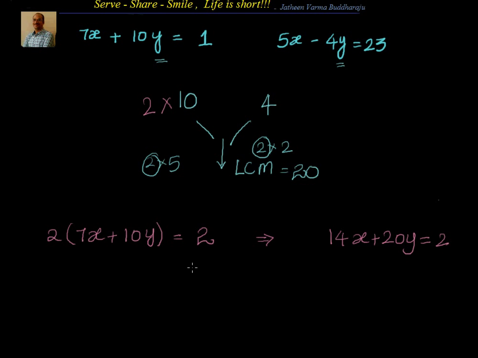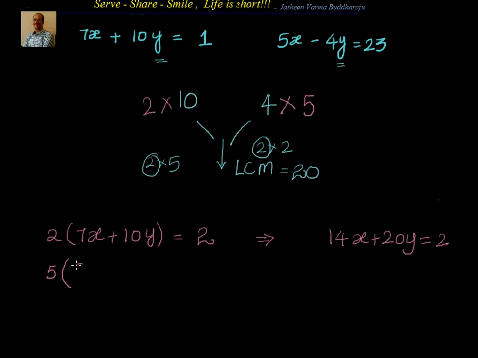Now let's go to the second equation. In the second equation, we have 4. We have to make this value 20. So by what do I have to multiply? I have to multiply with 5, so that 2 tens are 20, 4 fives are 20. So I have to multiply this whole equation with 5. So let me do that.